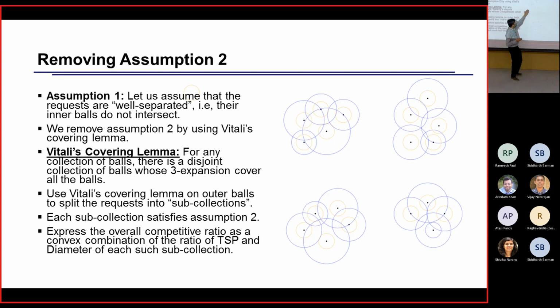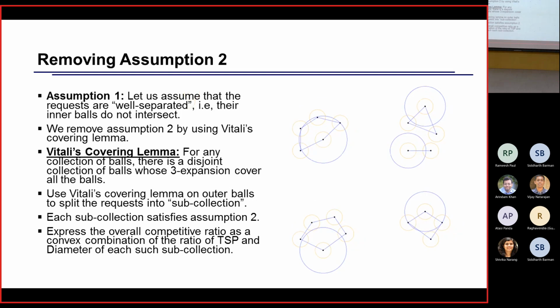For every subcollection like this, there is some ball whose radius is proportional to the diameter of the request in that subcollection, because the 3 expansion covers all the balls in the subcollection. So assumption 2 holds for each such subcollection.